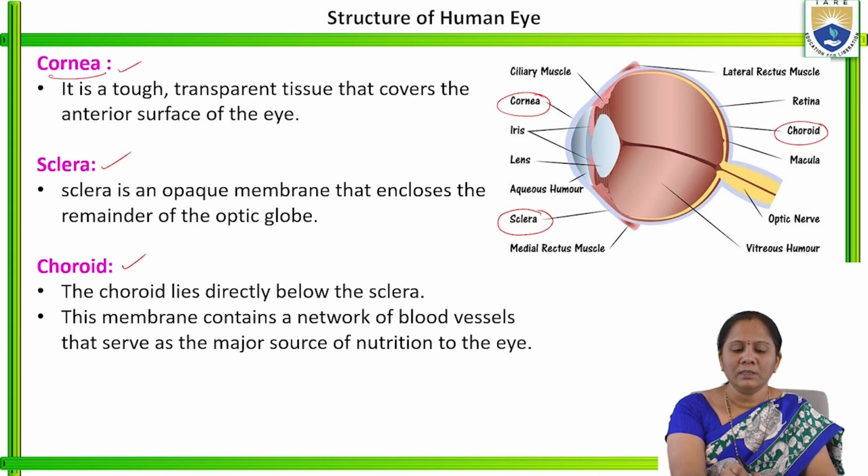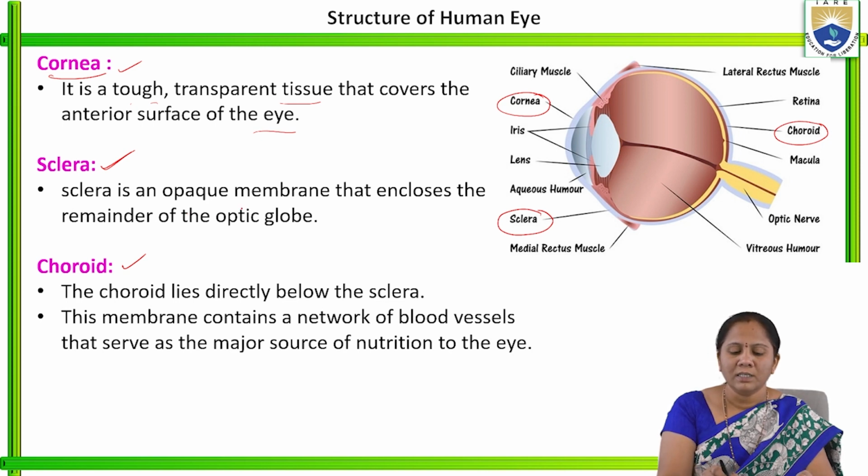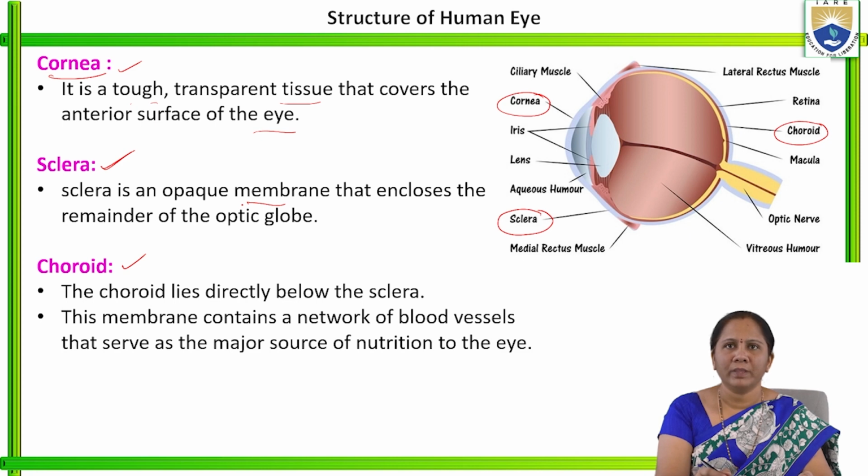Cornea is the first external layer. It is a tough transparent tissue that covers the anterior surface of the eye. The next important layer is sclera. Under the cornea we have the second layer, sclera, an opaque membrane that encloses the remainder of the optic globe.